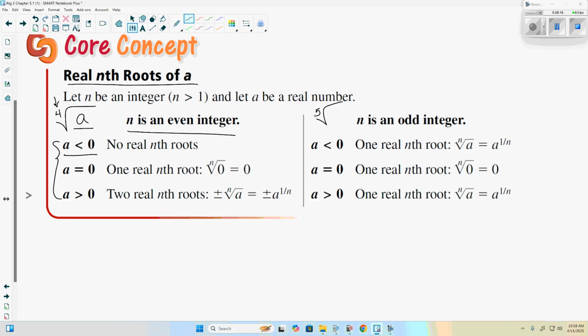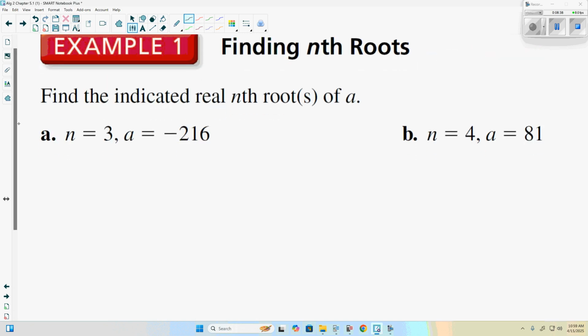And it's whatever that number is. Doesn't matter if it's positive, negative, or 0 with odd integers. We get one real root. So really the one that has more than one possibility is when the root is even. So let's see how this works.